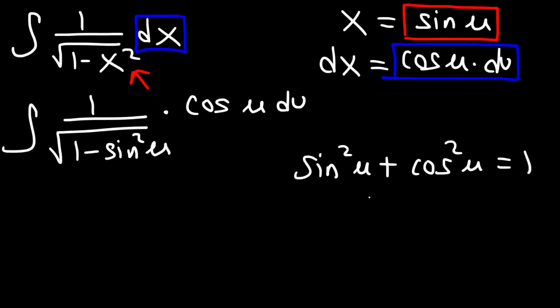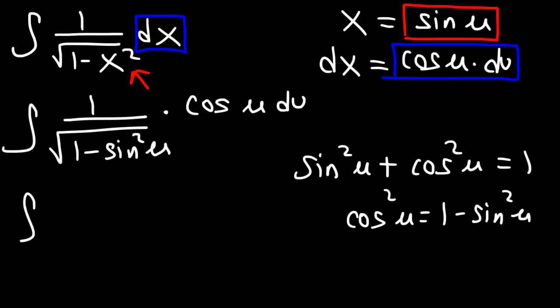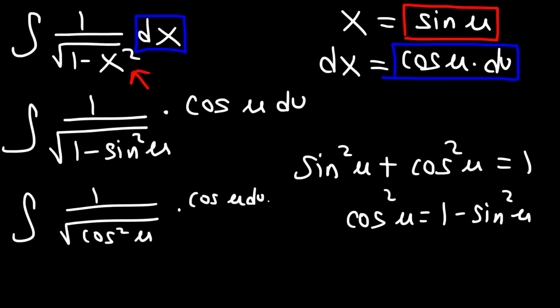And so if we subtract both sides by sine squared, we'll get that cosine squared is 1 minus sine squared. And so we can replace this with cosine squared. So we're going to have the integral of 1 over the square root of cosine squared times cosine u du.